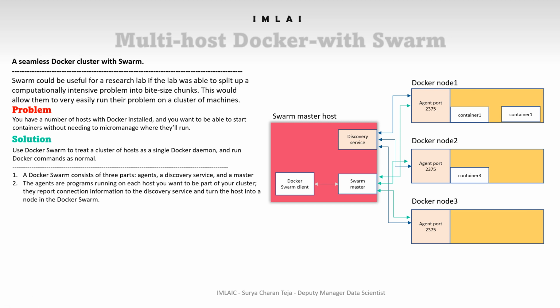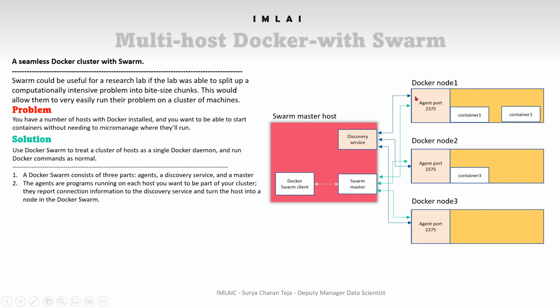We covered how to do this. Once the master is started on the Swarm master host, it will contact the discovery service to find the list of nodes in the cluster.